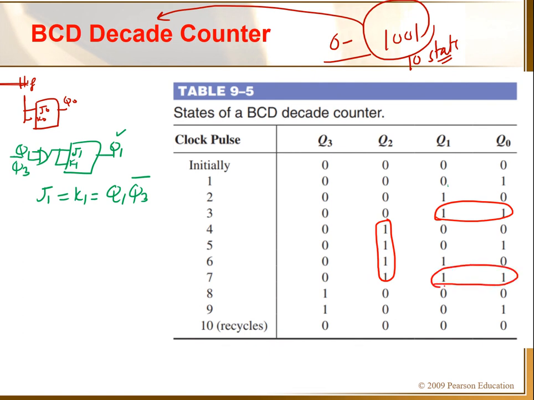Again, both Q0 and Q1 are high, so it's changing its state. So for this case, the input should be Q0 and Q1. For the J2 and K2 flip flop, we have Q0 and Q1, we make them AND and then we supply here, so that we will get this logic Q2.